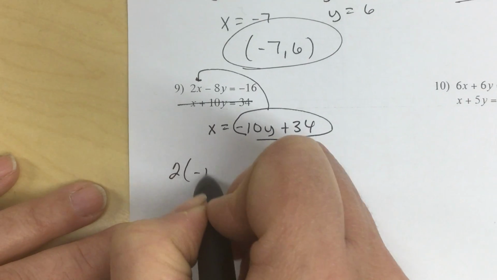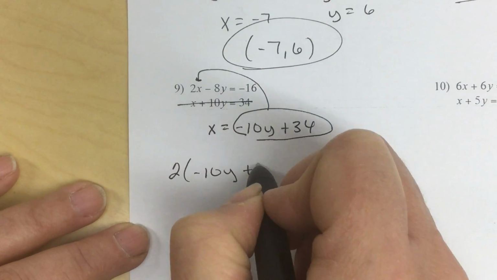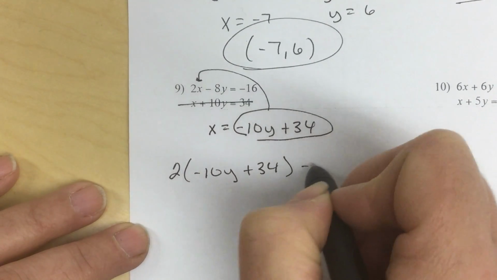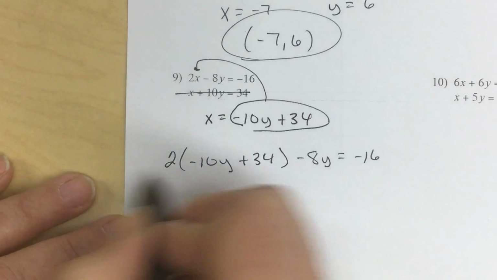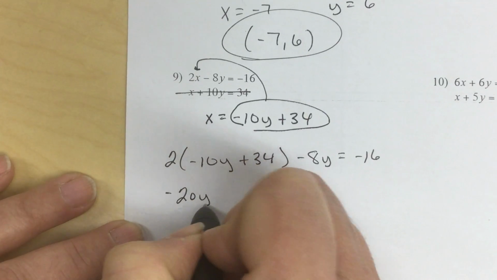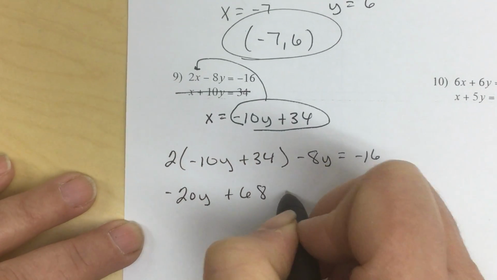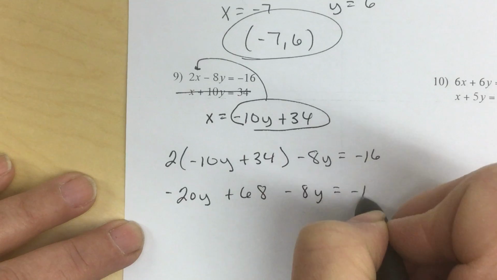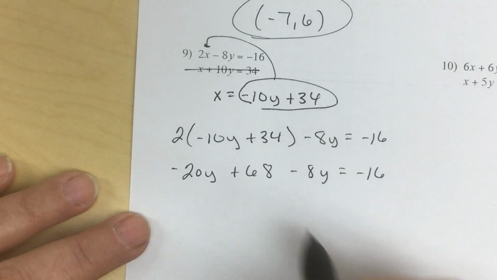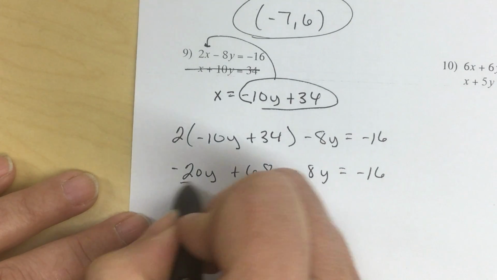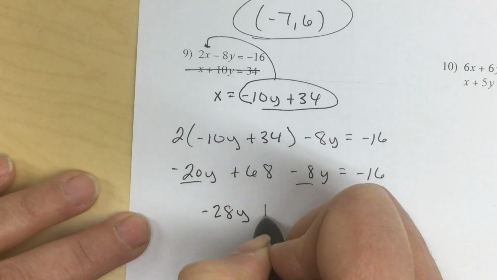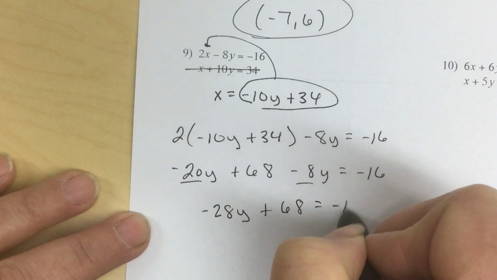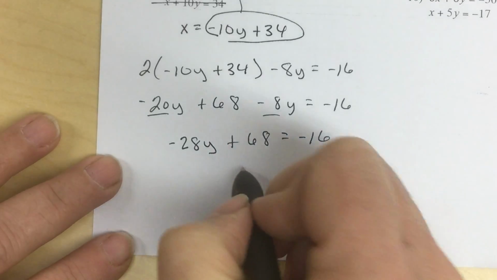So 2 times negative 10y plus 34 minus 8y is equal to negative 16. Then distribute: negative 20y plus 68 minus 8y is negative 16. Then combine like terms. You've got negative 20 and negative 8, so negative 28y plus 68 is negative 16.